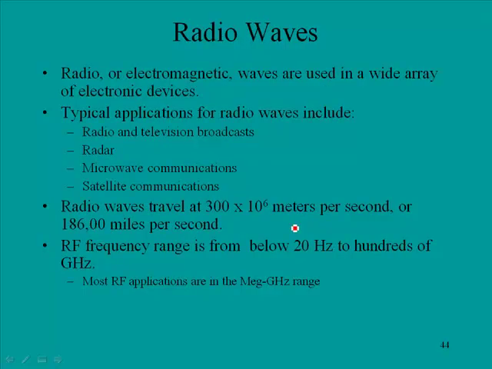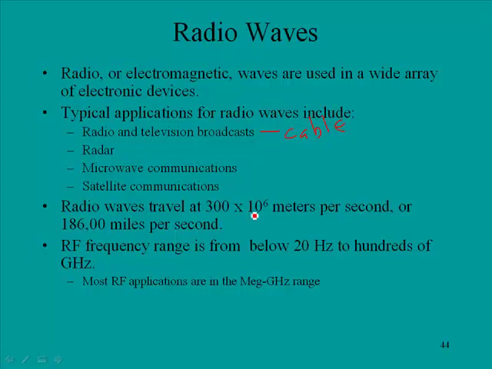Then radio waves. These are typically much higher frequency. Radio or electromagnetic waves are used in a wide array of electronic devices. Typical applications for radio waves include radio and television broadcast, which would be over the air as transmissions, but also in this frequency range you see the cable also. Radar uses radio waves, as do microwave communications and satellite communications.